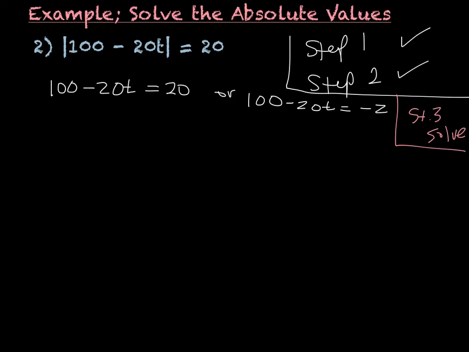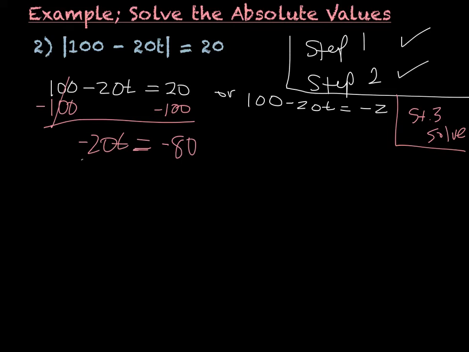So step 3, I'm going to start by isolating the t, so I need to subtract 100 from both sides, giving me negative 20t equals 20 minus 100, which is a negative 80. And then I need to divide by negative 20, both sides. So t equals negative 80 divided by negative 20, which is a positive 4.